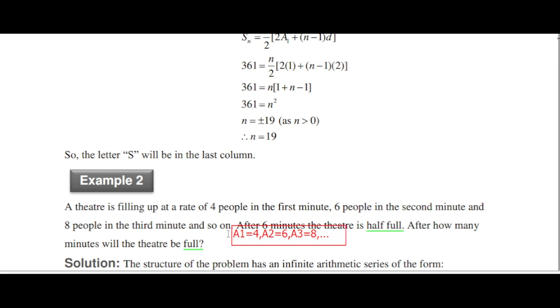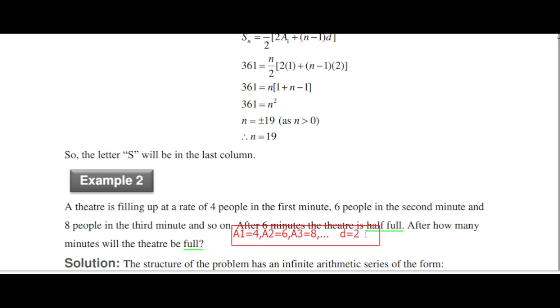From this we can compute the common difference d is equal to a2 minus a1, 6 minus 4, we have 2. Now let's compute. After 6 minutes, the theater is half full.